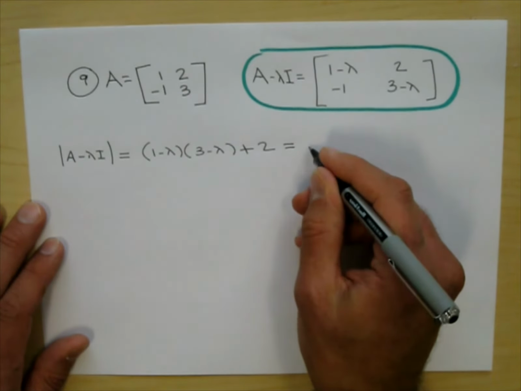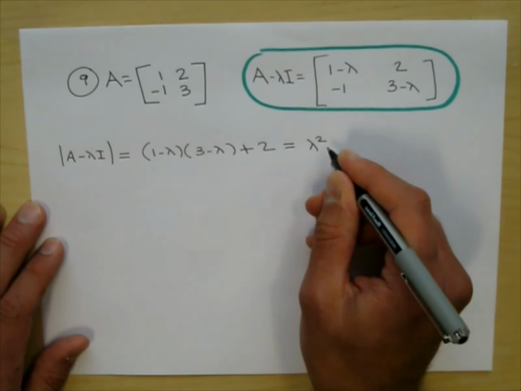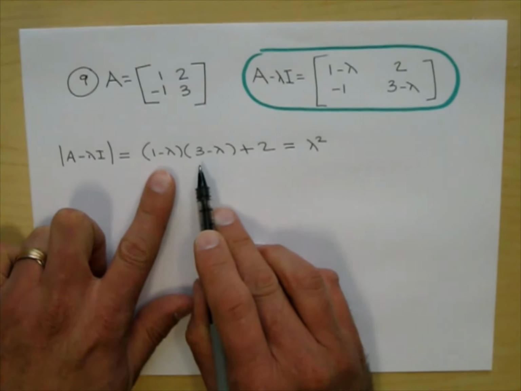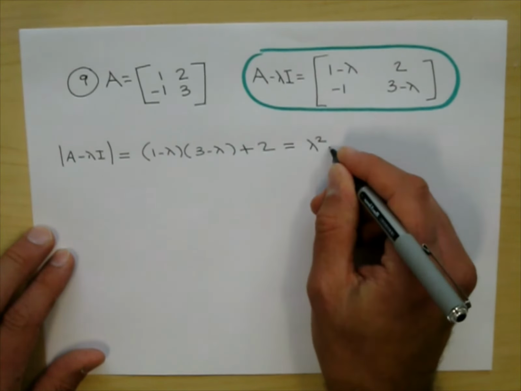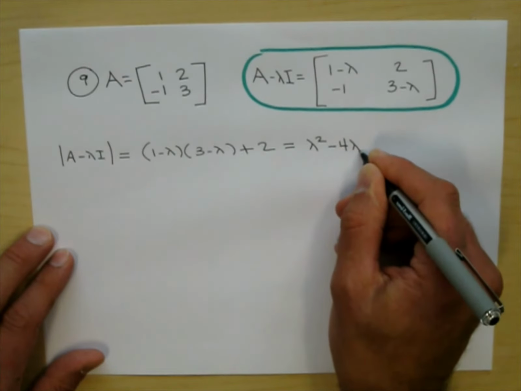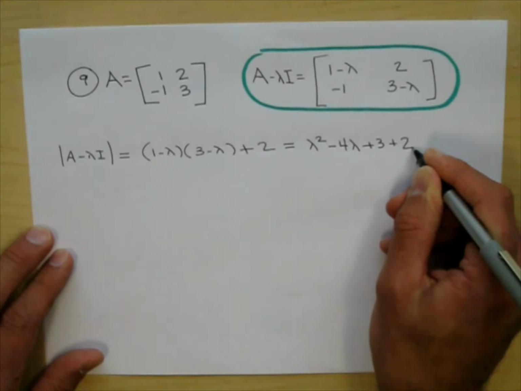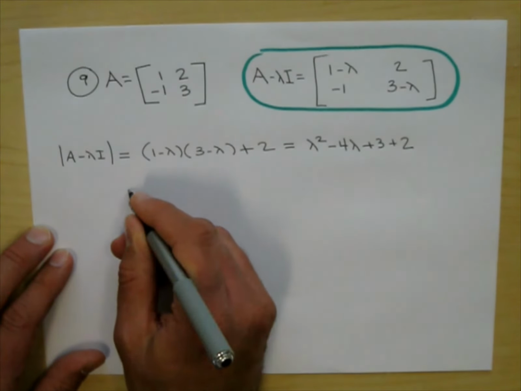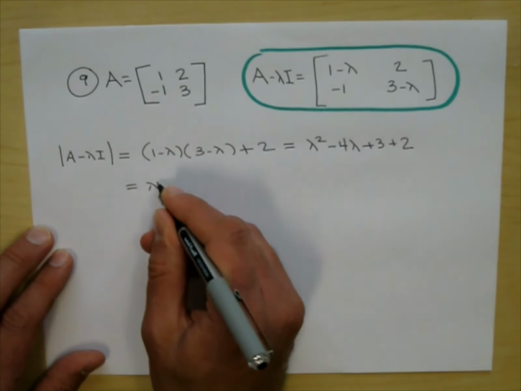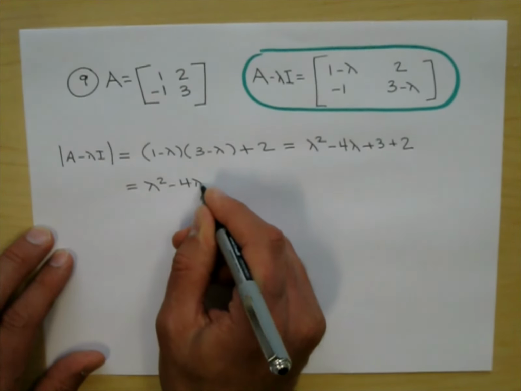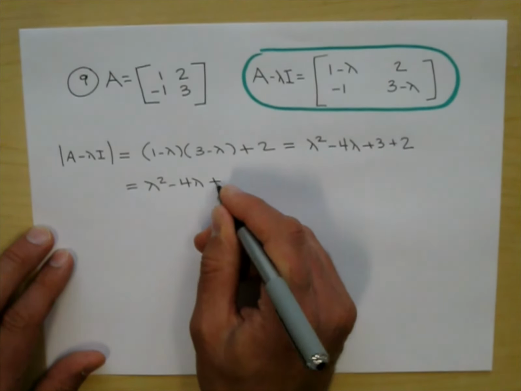This gives me lambda squared, minus lambda minus 3 lambda, so that's minus 4 lambda, plus 3 plus 2. So this gives me lambda squared minus 4 lambda plus 5.